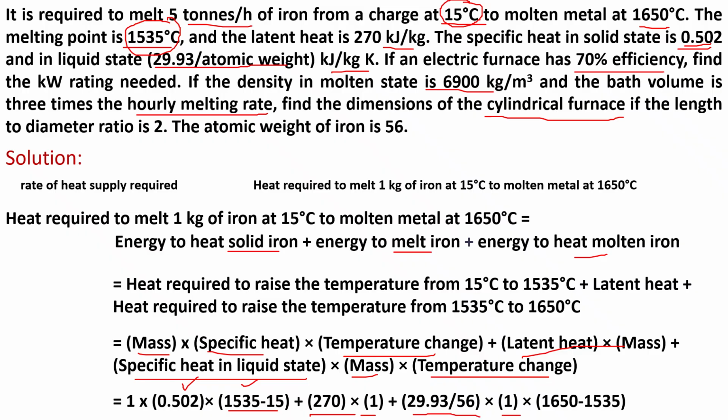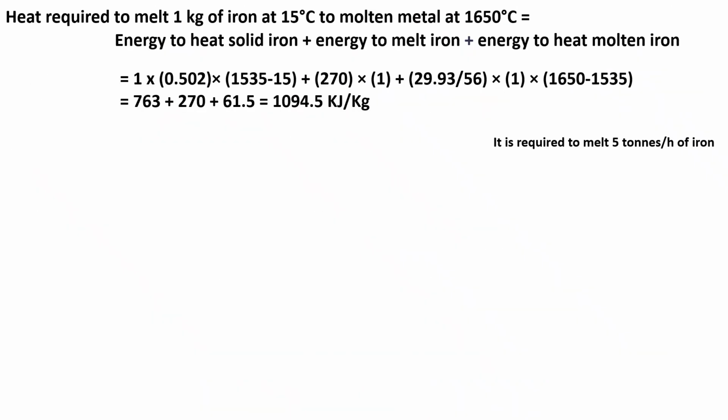Mass is 1 kg and temperature change is the molten metal temperature 1650 minus the melting point 1535, so 1650 minus 1535.